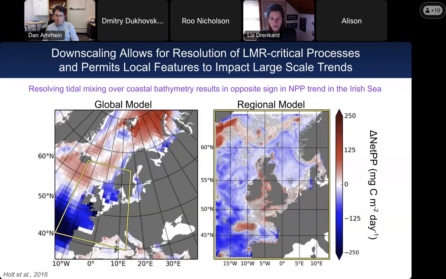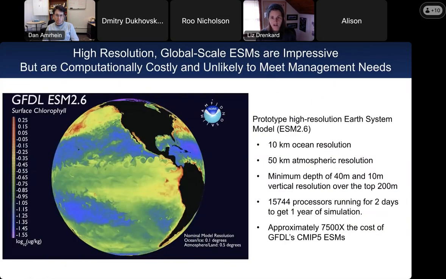So we get a lot of value out of downscaling, but we also have models that are incredibly highly resolved. We have the ESM 2.6, which has 10 kilometer global ocean resolution, and it is incredibly expensive to run the entire planet or the entire global ocean at these very high resolutions, let alone try to generate ensembles to ask questions like how is the climate going to change, or how is climate change going to affect ocean ecosystems.